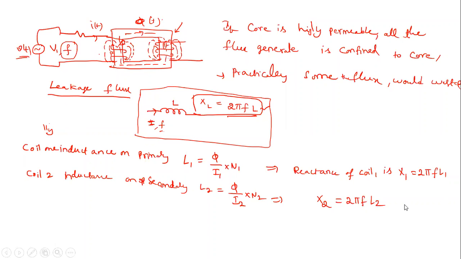So what we understand is that whatever winding is there in the transformer has resistance as well as reactance. Okay, this is a common conclusion.